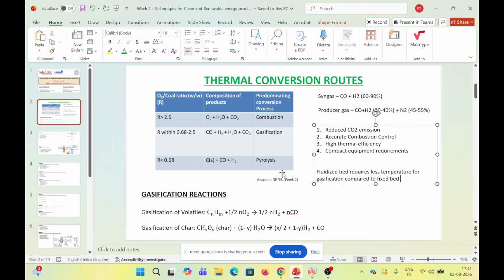In the quench mode, this hot raw syngas enters into a quench ring where it is shock cooled by water.